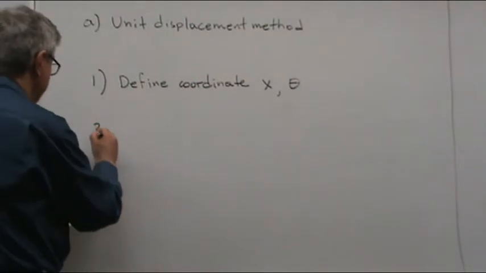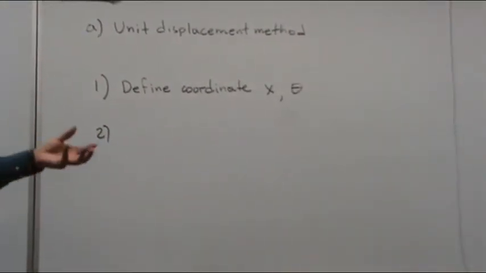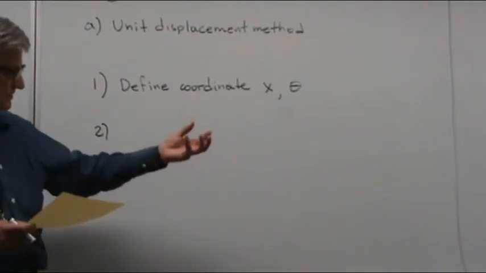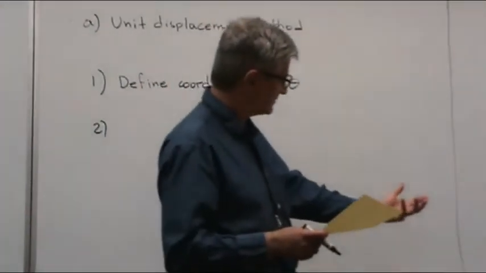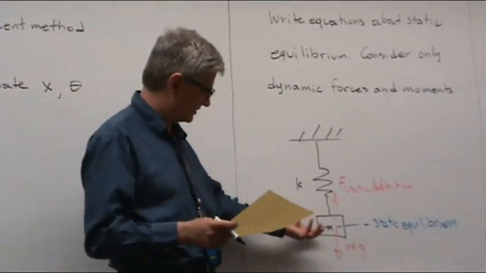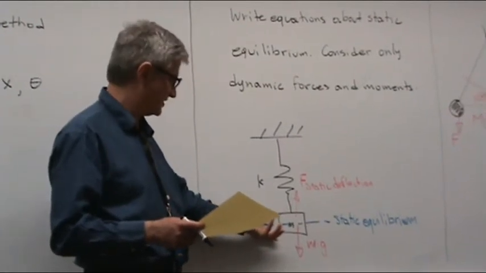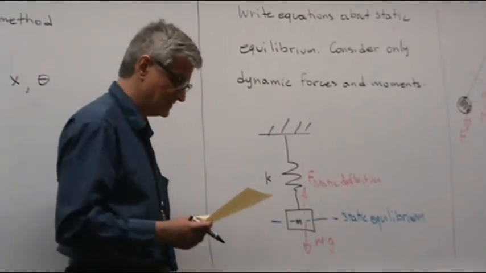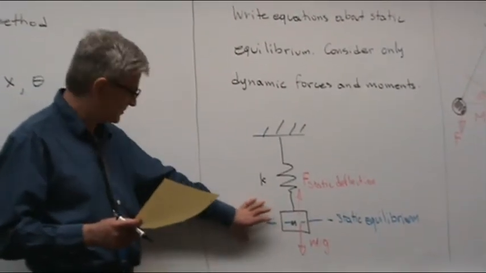Now, the next step is you create a displacement to displace, say, this mass very, very slowly, so that the velocity and the acceleration are both zero. And then you find the force that is required to produce this result.